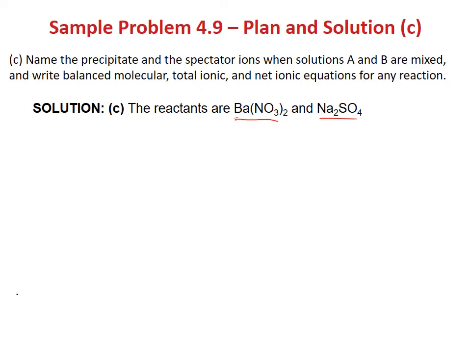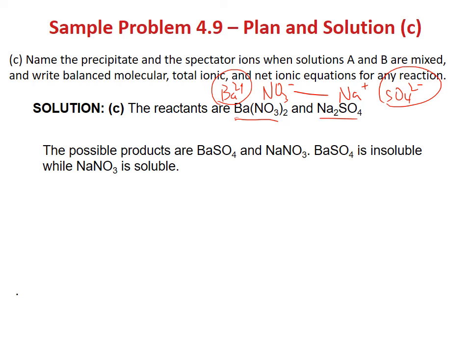Now these solutions are both highly soluble, and in the salts we have barium ion, nitrate ion, sodium ion, and sulfate ion. The possible products would exchange ions: barium with sulfate gives barium sulfate, and sodium with nitrate gives sodium nitrate.